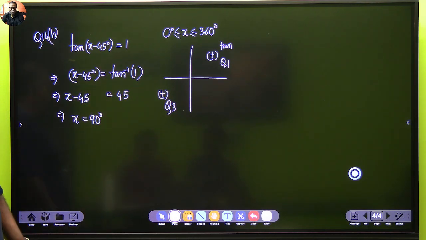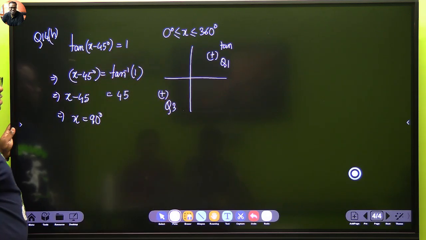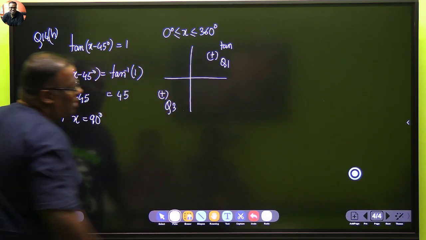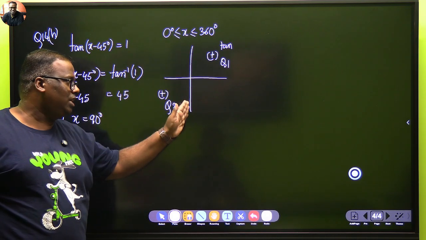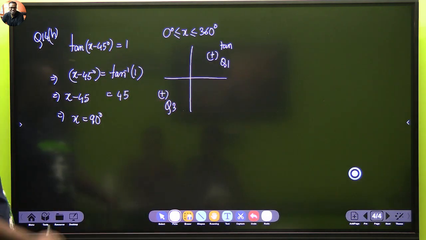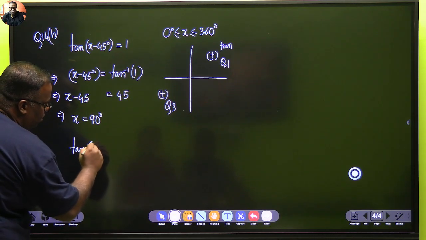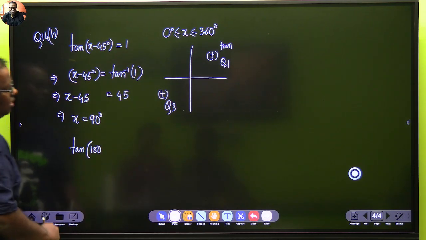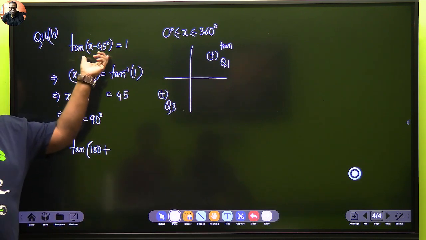So how will the second value come? We now need to get a value in quadrant Q3. To come to Q3, which one should we take as our base? Sleeping, because anytime you take standing, the function will get transformed. We don't want transformation. So we will take tan of 180 plus x minus 45.